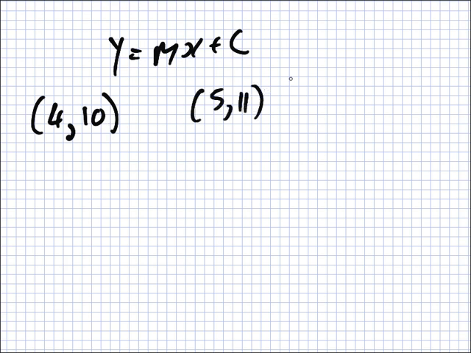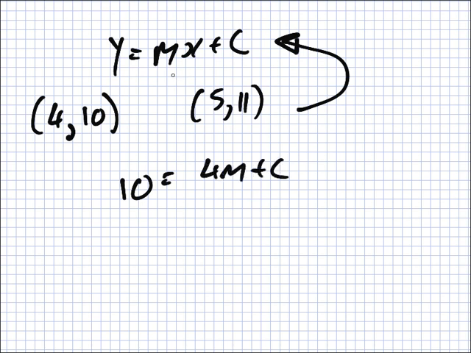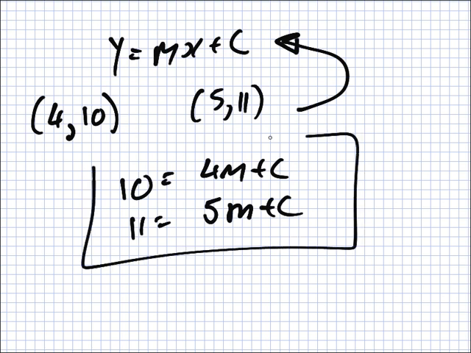I'm not so sure about these points. And then what you can do is you can sub this in. So if I sub this one in, I get 10 equals 4m plus c, don't I? And when I sub this in, I get 11 equals 5m plus c. Now, this is a simultaneous problem, isn't it?